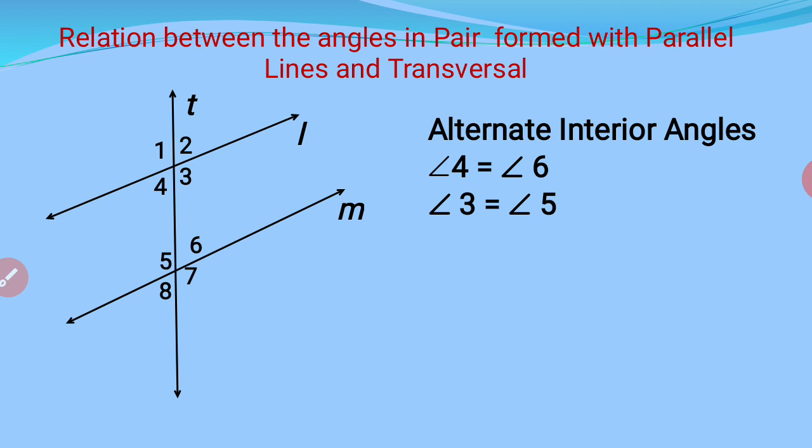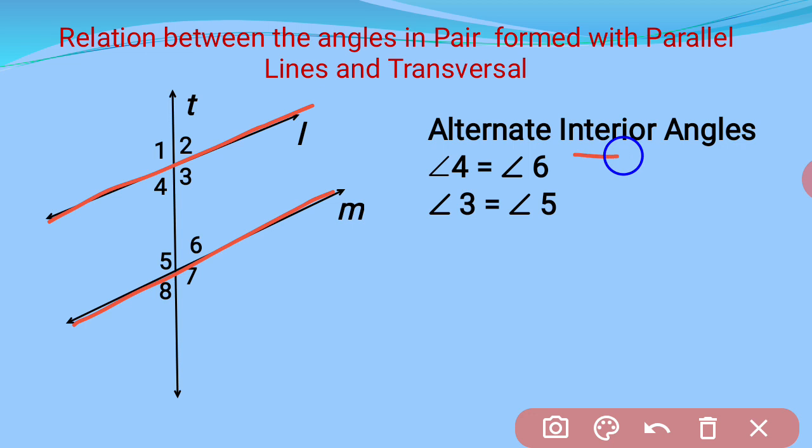Alternate interior angles are the angles which are on both sides of the transversal. When I say interior angles, then it has to be between the given two lines. And when I say alternate, it actually means one on each side of the transversal.